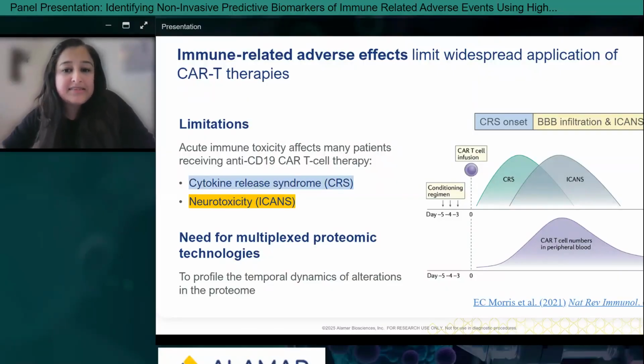But in some cases, these two events can occur concurrently, and in extreme cases, it can be very fatal. So understanding these processes on a mechanistic level and identifying the temporal alterations at the proteome level would be very essential to our understanding of CAR T cell therapies and their management.